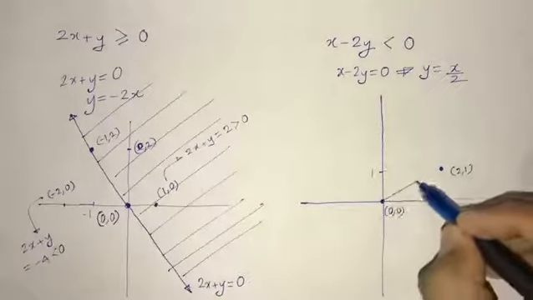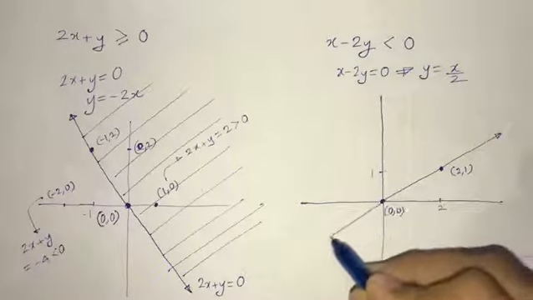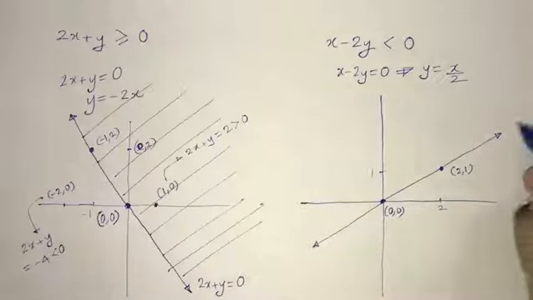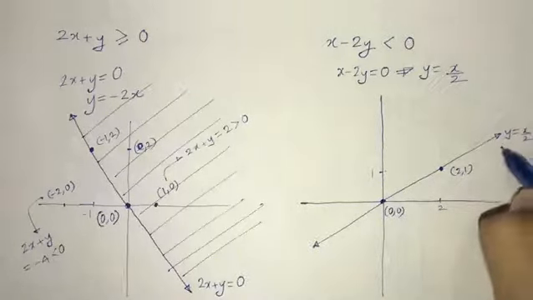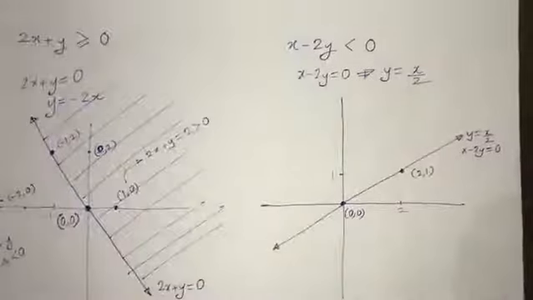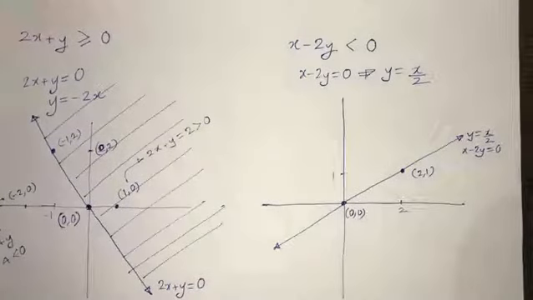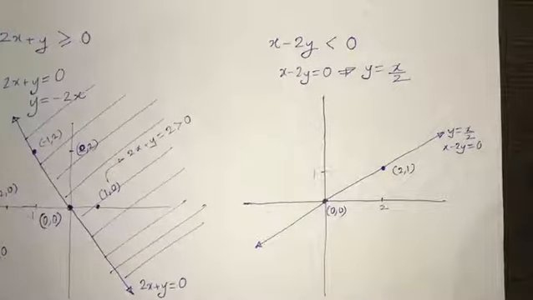So we have a straight line which is passing through origin. It is y equal to x by 2, which is x minus 2y equal to 0. So we have an equation again representing a straight line passing through origin.